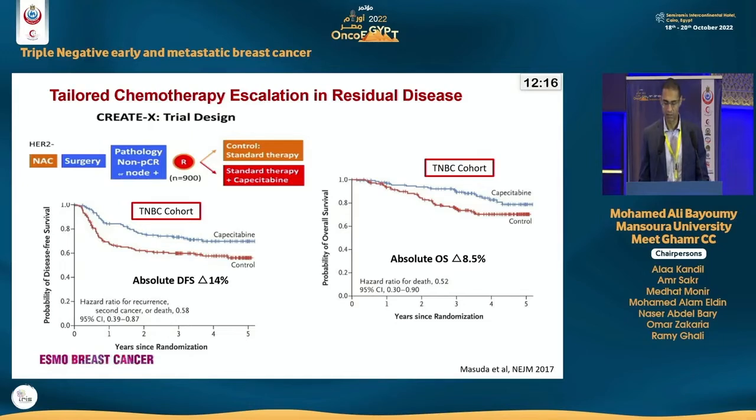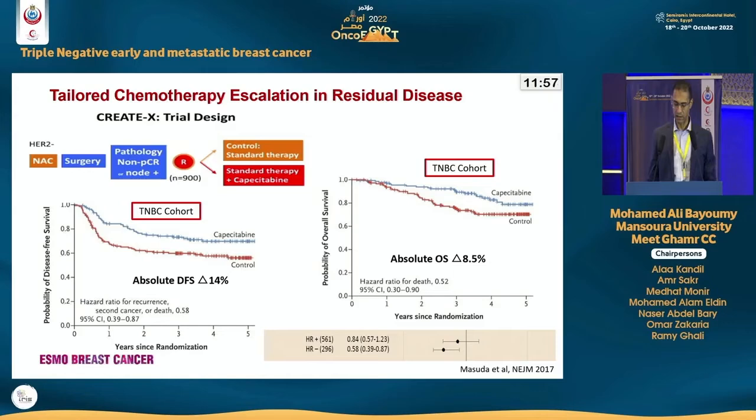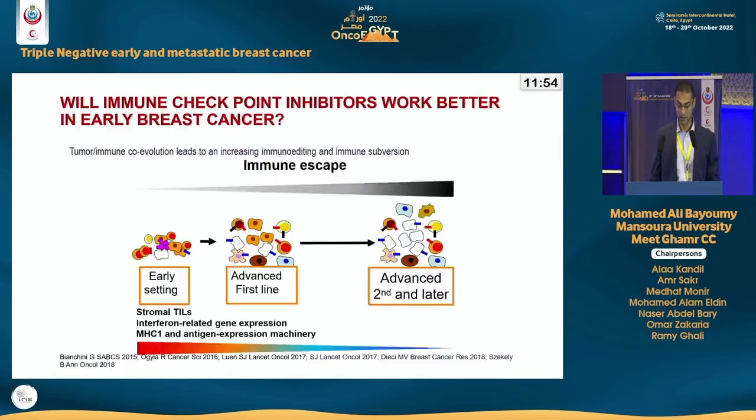For the triple negative breast cancer cohort, you can find a very nice improvement in the disease-free survival and overall survival in the experimental arm, by adding capecitabine in the adjuvant setting for 6 months. This result was better in hormone negative rather than hormone positive breast cancer patients.